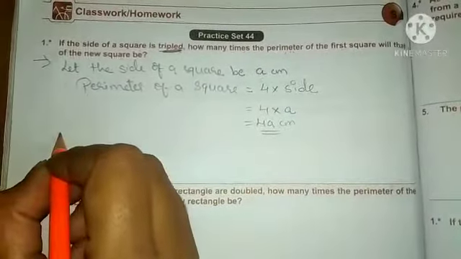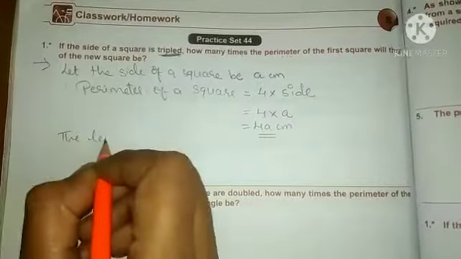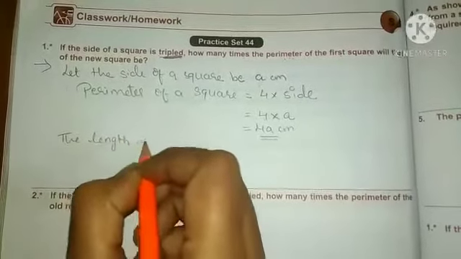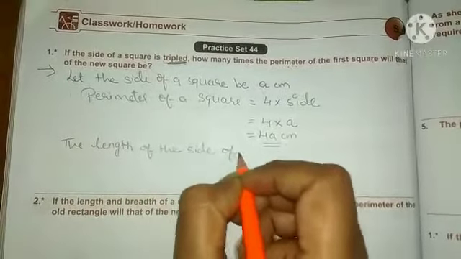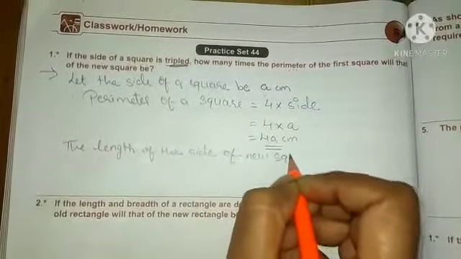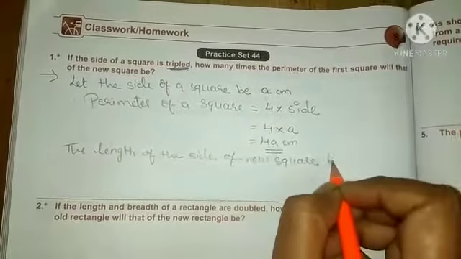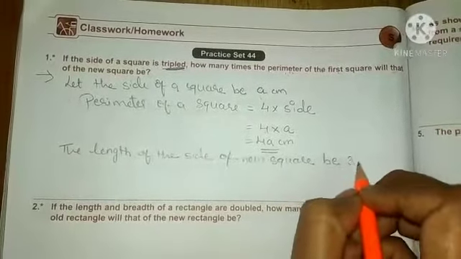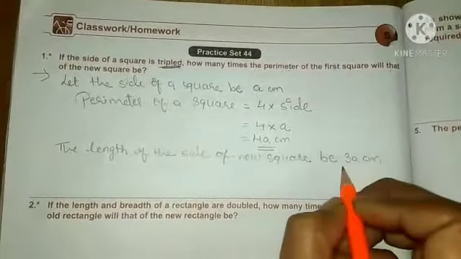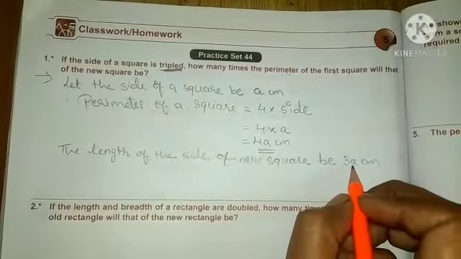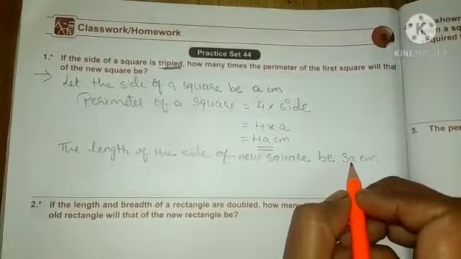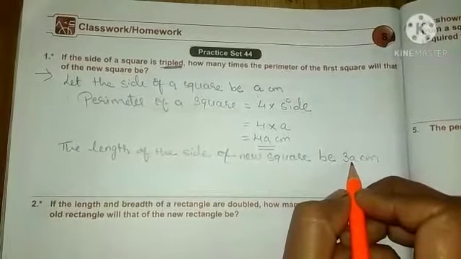So let the length of the side of the new square be 3a centimeter. Why 3a? Because it is tripled.